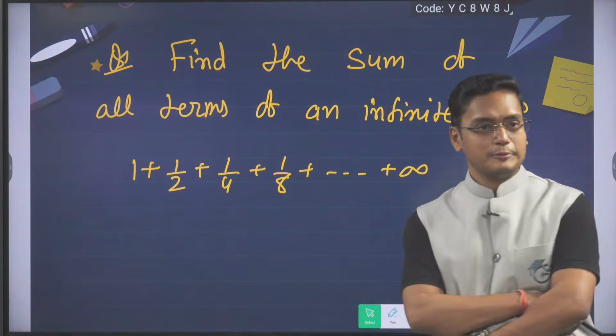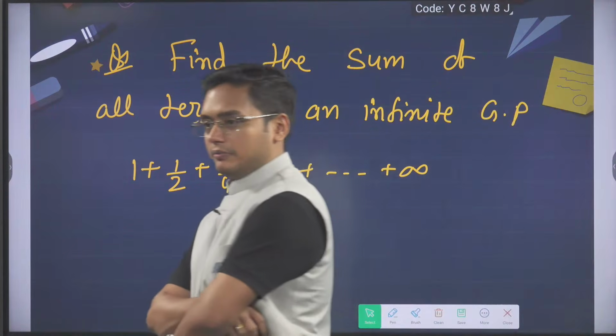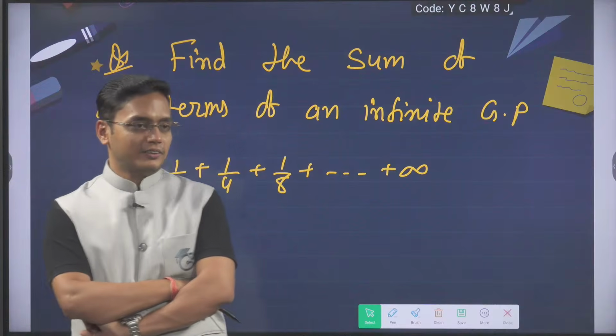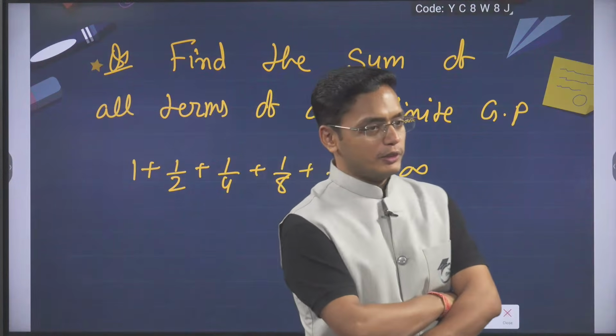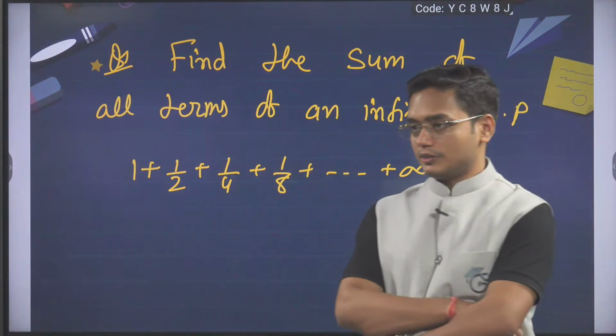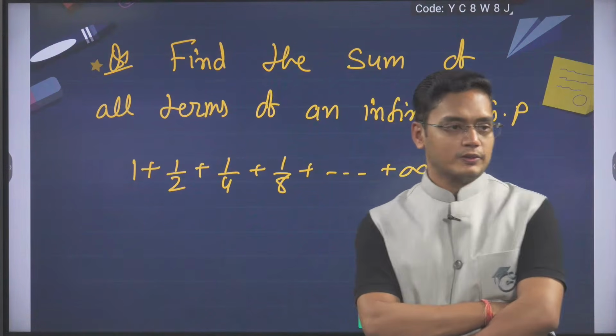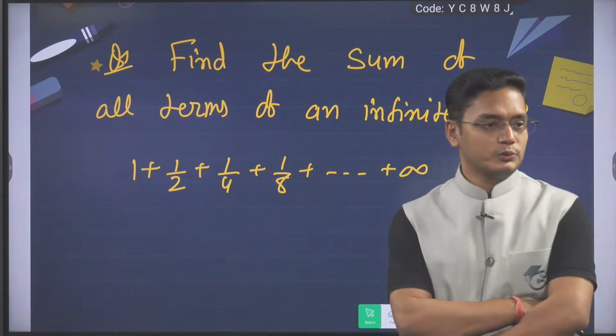Take your time, but I want the answer quickly. Okay. So most of you are giving the answer 2, few are giving -2, and some of you are giving 1. So more than 90 percent are saying 2 only.